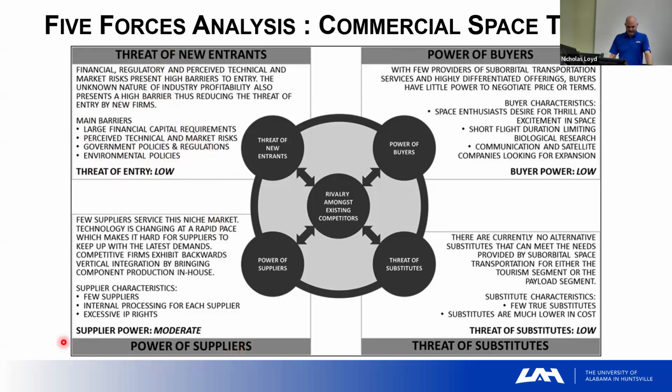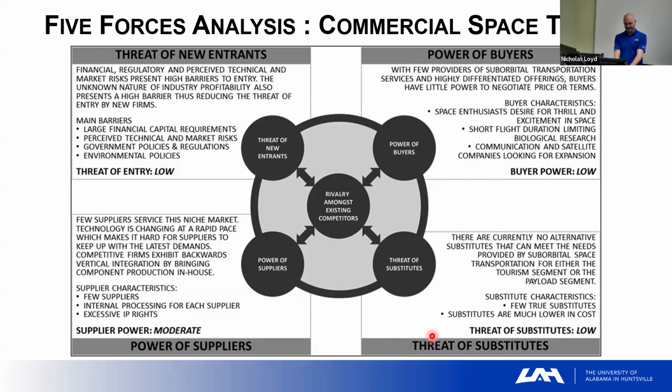What about the power of the suppliers? Well, there's not a lot of suppliers, so they're probably going to be competing for our business. They may have some power, but we also have some leverage. Commercial space flight, not a lot of substitutes right now to scratch people's itch of hanging around in cislunar space.